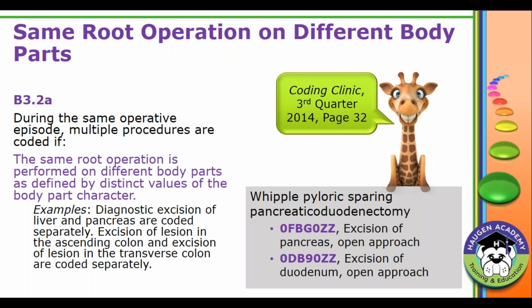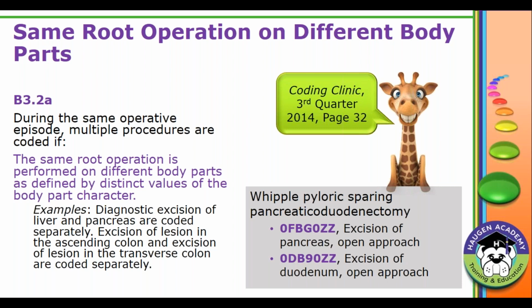And you'll notice for these two procedures, my third character is the same, which is B, and that third character is the root operation. So these both are the same root operation, which happens to be excision, but we did an excision of 2 separate body parts during this Whipple pyloric sparing procedure, and therefore we need to assign 2 separate codes.